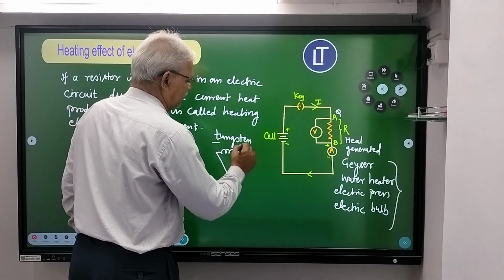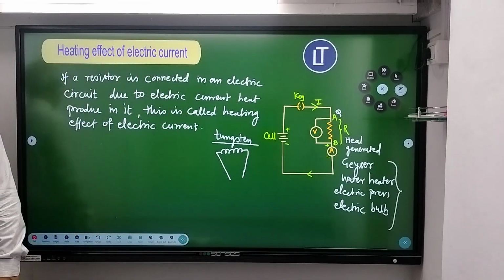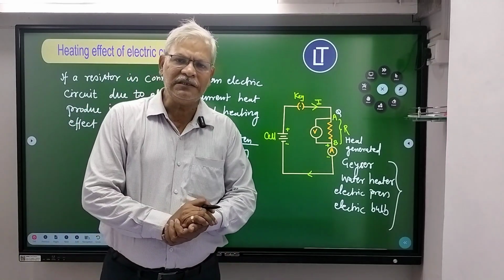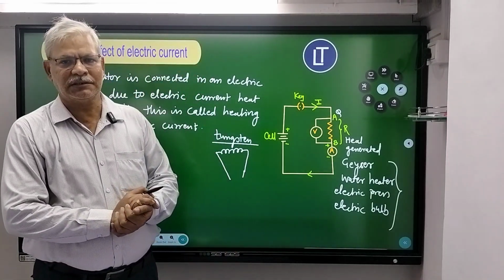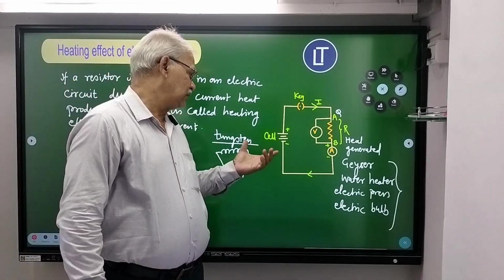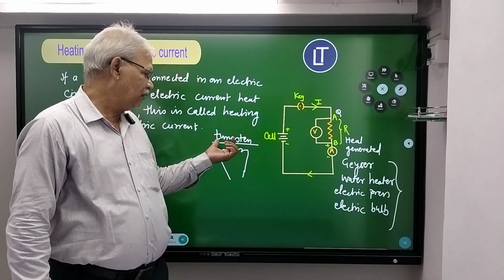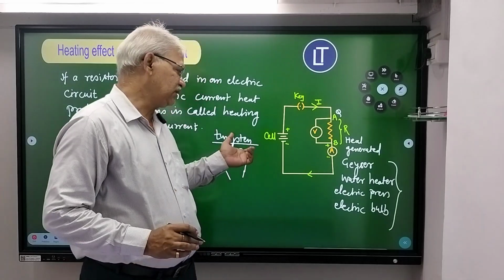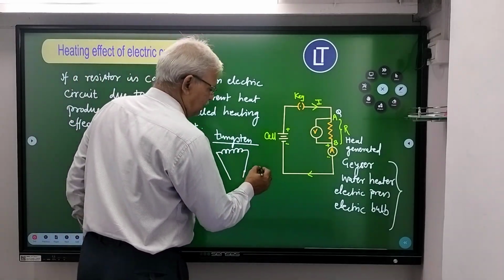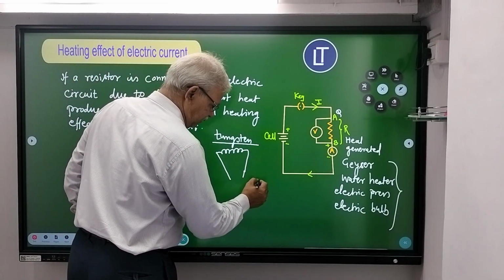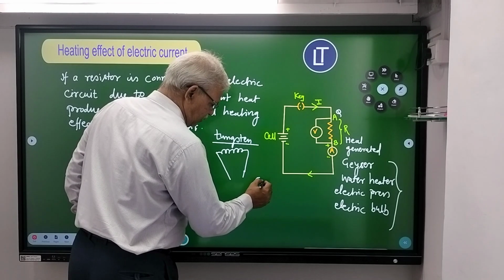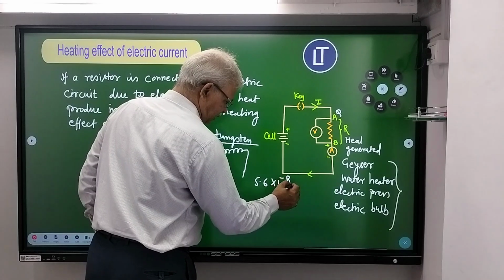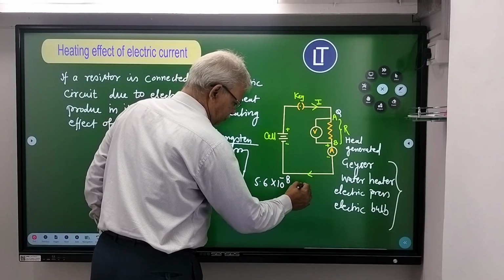Tungsten is an element. Why is this filament made up of tungsten? Because tungsten has high resistance. Its resistivity is approximately 5.6 × 10^-8 ohm meter.